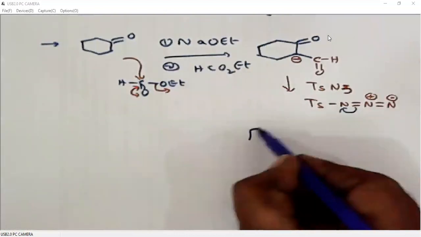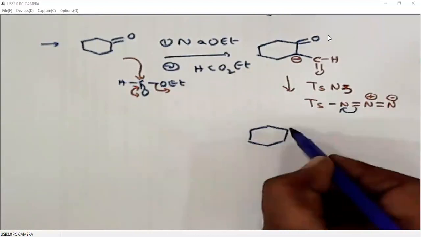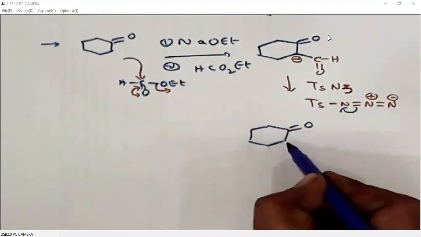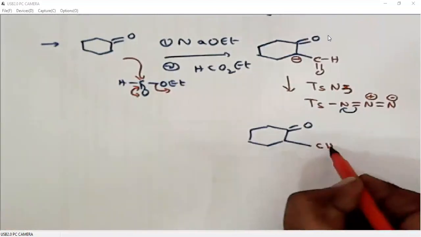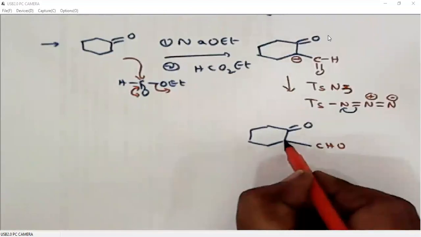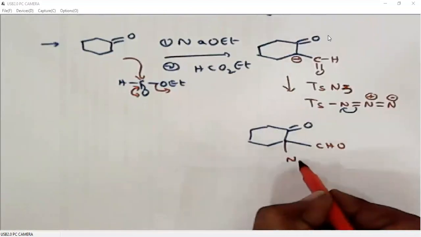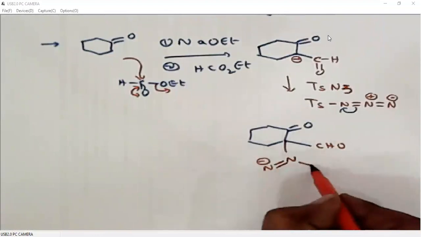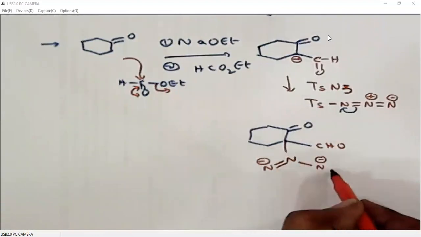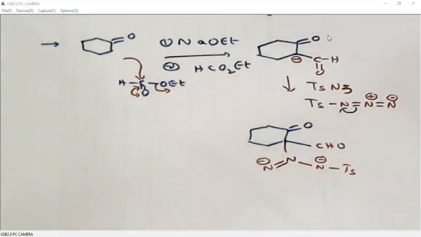Okay. So what we will have is here we have an aldehyde and here N minus, and of course N minus tosyl.